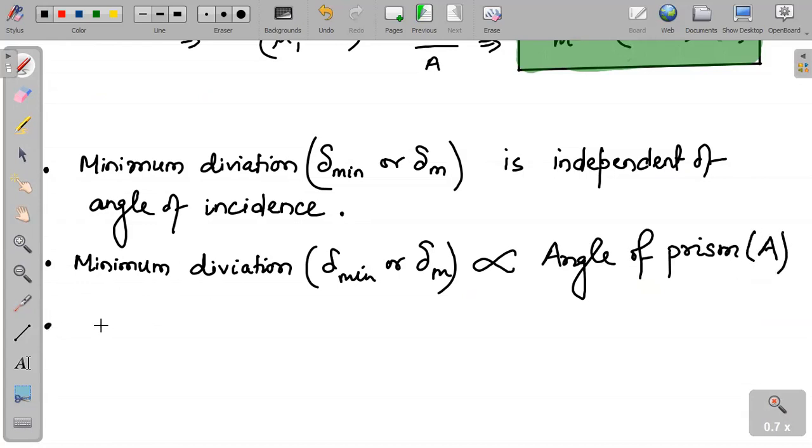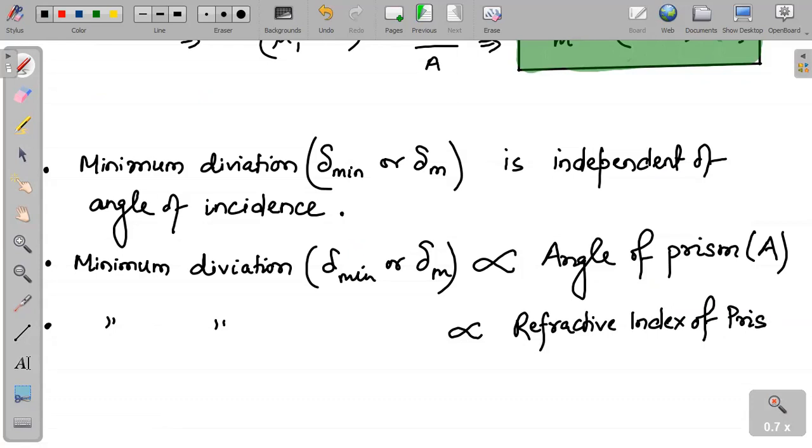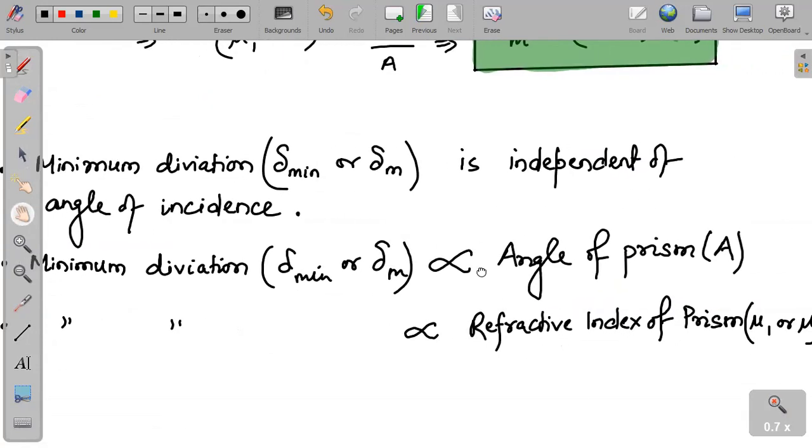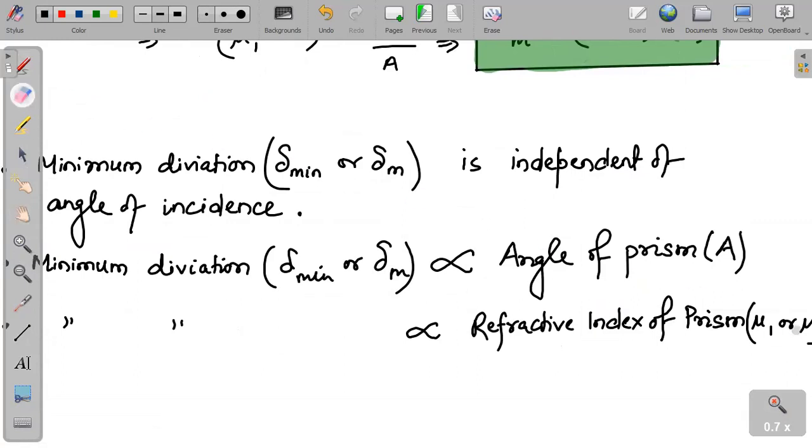ठीक है, तीसरी चीज, minimum deviation is directly proportional to refractive index of prism, that is mu, or mu1, or simply mu, whatever we want to call it. ऊपर में हम लोगों ने mu लिया है, mu1 लिया है, इसलिए मैंने mu1 लिखा है.